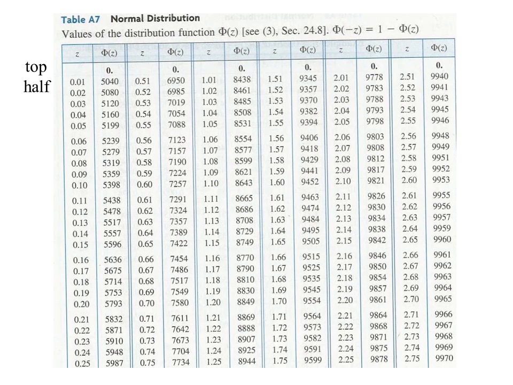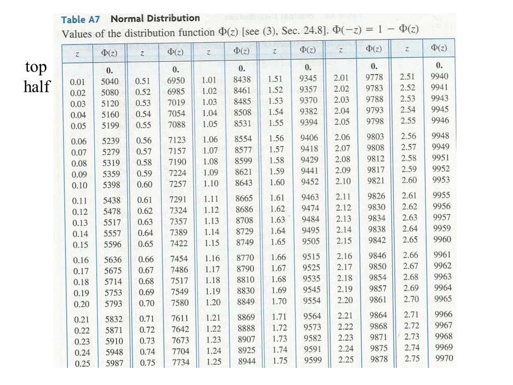So, for example, I'll show you how you can look up the value for a negative 2.17. What you would do is use this chart to look up the value for positive 2.17, and we find that we have a probability of 0.9850 for positive 2.17.